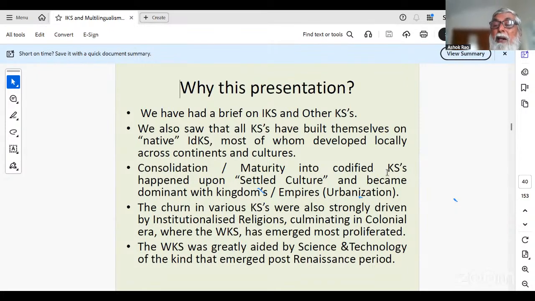For example, particularly when we became agriculturists, only an agricultural economy started settling, created villages, created towns. Because you had villages and towns, you wanted people to govern. Because you wanted people to govern, you needed a king, all this, okay? That's called urbanization. The first urbanization happened around 3,500 to 4,000 years back, okay?